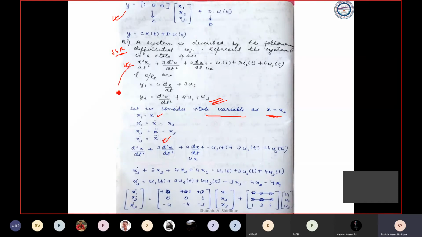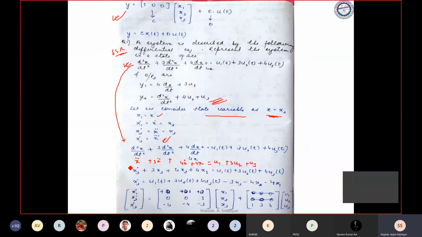Just write this equation again in dot terms: x triple dot plus 3x double dot plus 4x dot plus 4x, which is equal to u1 plus 3u2 plus u3. Okay, that is the representation.